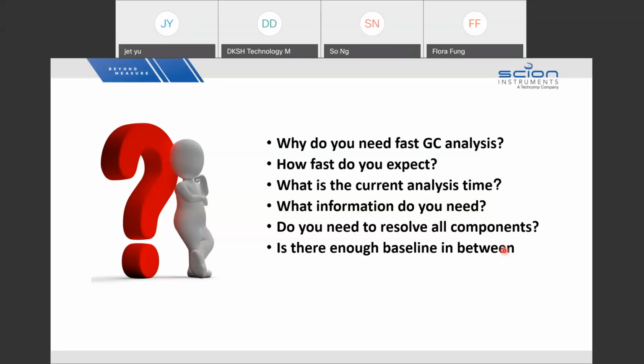If you shorten, then the resolution is going to be worse. Maybe, for example, from 1 reduced to 0.8 in terms of peak resolution. So these are a few questions with more details, but overall the benefit is there. Efficiency can be improved overall.